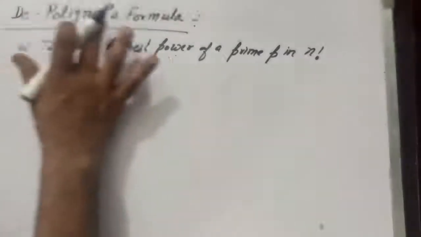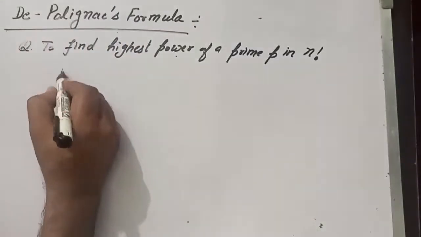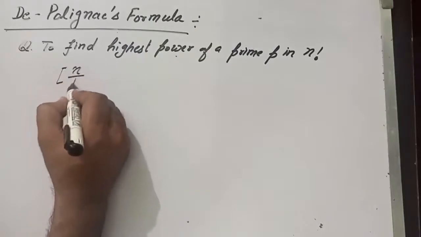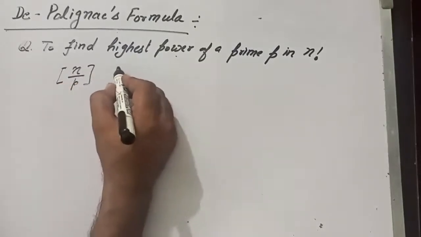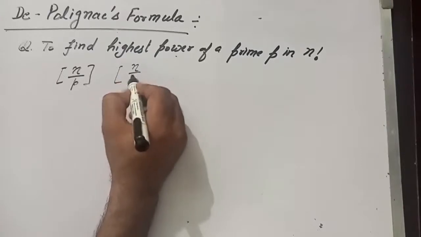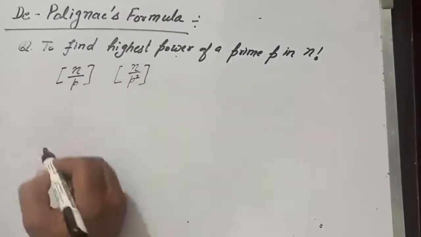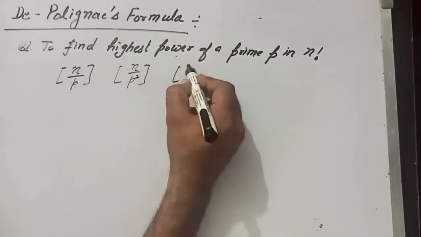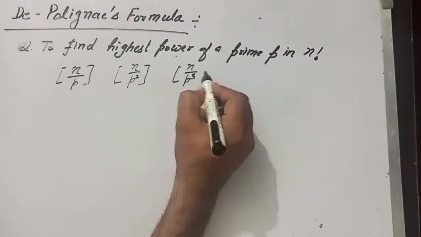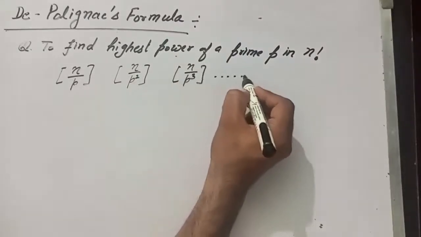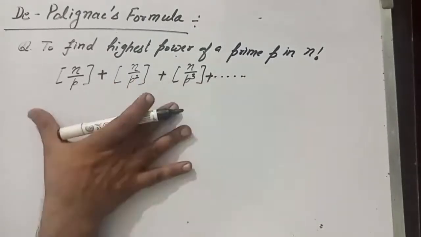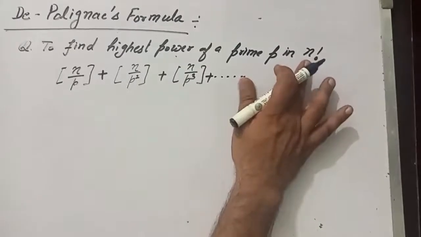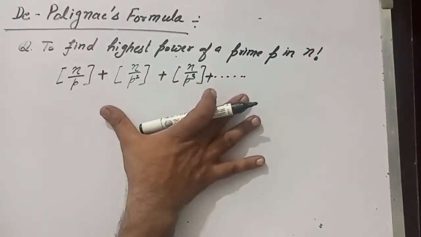The de Polignac formula says to find the greatest integer of n by p, then the greatest integer of n by p square, then n by p cube, and so on successively, and add all of these. Because n is finite, this process must terminate.